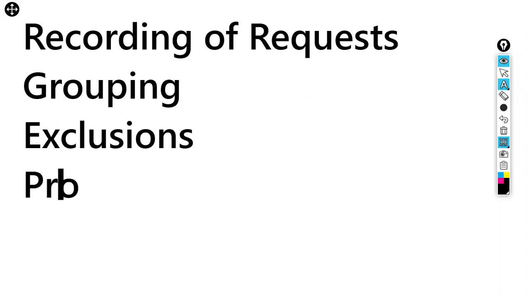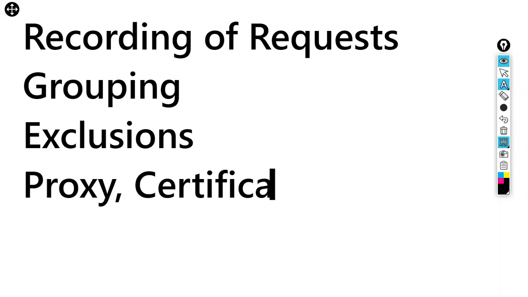Then grouping, and then say excluding few requests, and we have learned how we can specify proxy. Okay, and we have learned how we can use certificates. Okay, so this is about automated recording.